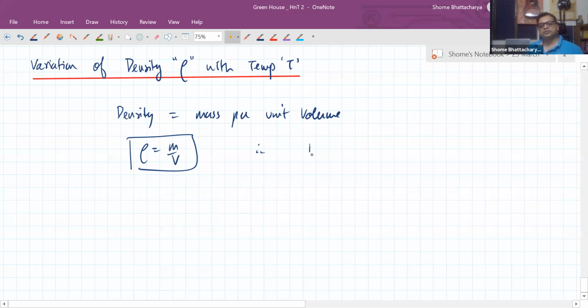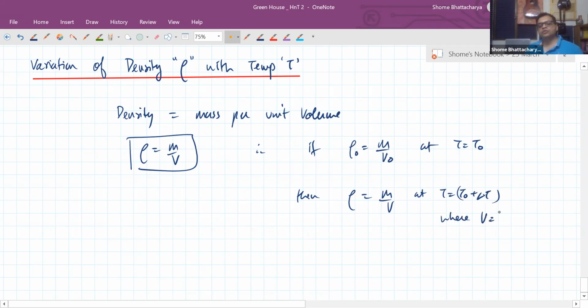Therefore, if rho naught is equal to m by v naught at the temperature T equal to T naught, then at a new temperature T naught plus delta T, the volume, as you know, will become this.